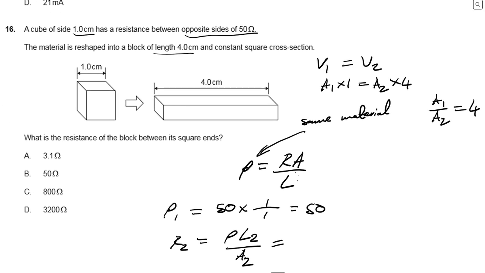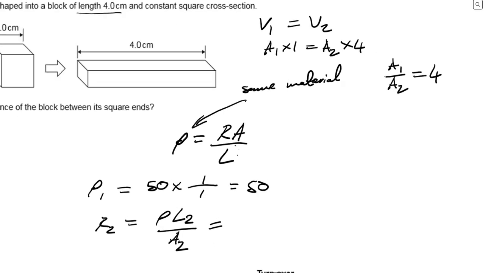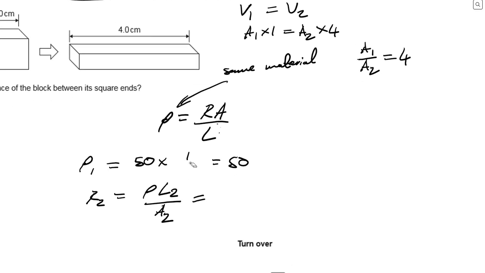Let's see, okay. So what we want to be using here is actually the idea that it's A1 over L1. Okay, and so resistance is our resistivity 1 times this, right?